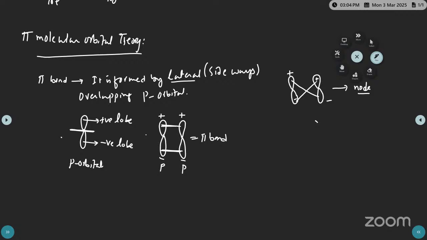Okay, so we have two molecules. One is 1,3 butadiene and the other is benzene. When you draw the molecular orbitals in 1,3 butadiene and benzene.